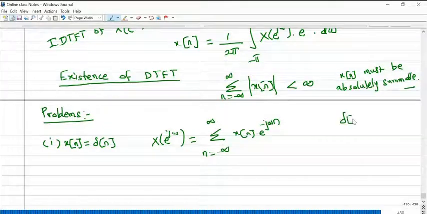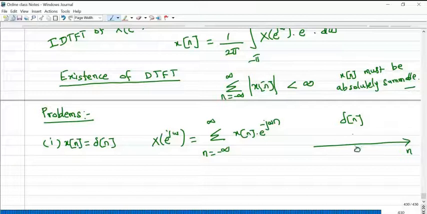So del of n, how to sketch the del of n signal? At n equal to 0, the magnitude of this del n is 1. For all other n values, it is 0. So that is the property of del of n. So the summation from n equal to minus infinity to minus 1 plus the summation from 1 to infinity is 0 only.